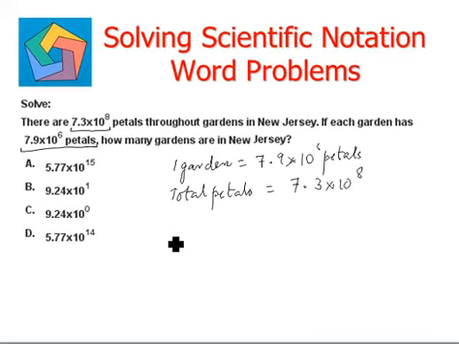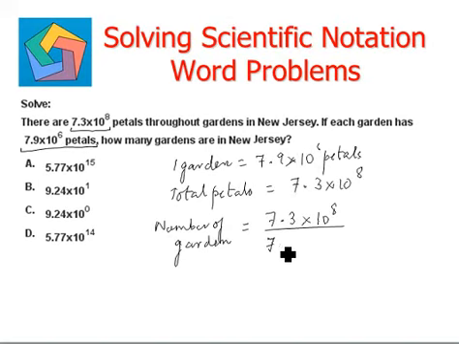Now to find out the number of gardens, it is given by the total number of petals, that is 7.3 into 10 to the power of 8, divided by petals in one garden. So we will set this up as 7.3 divided by 7.9.